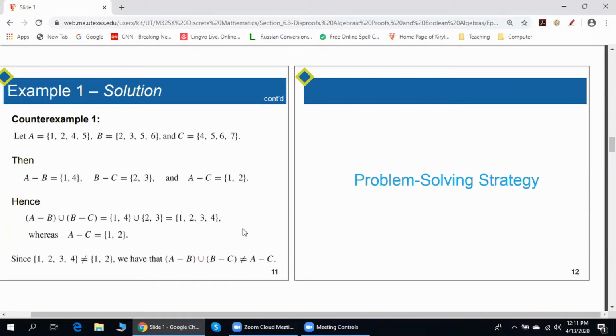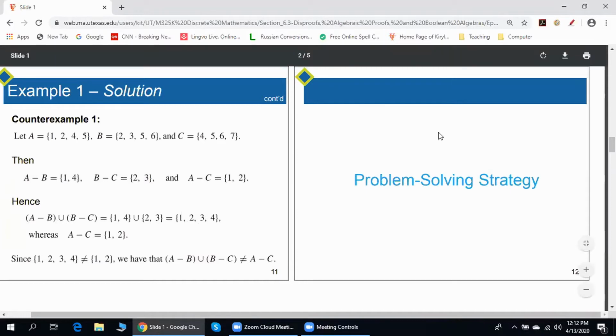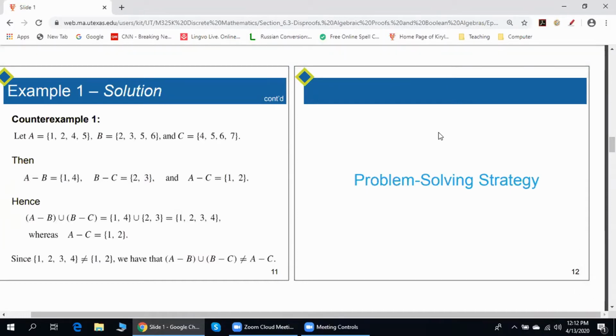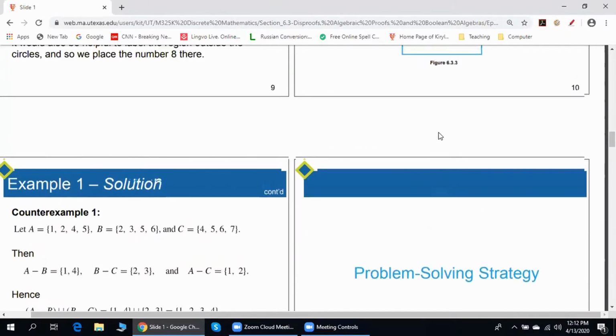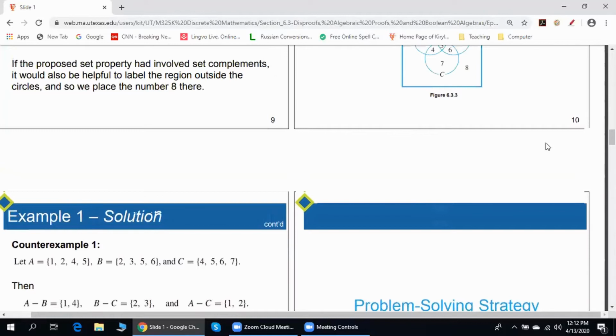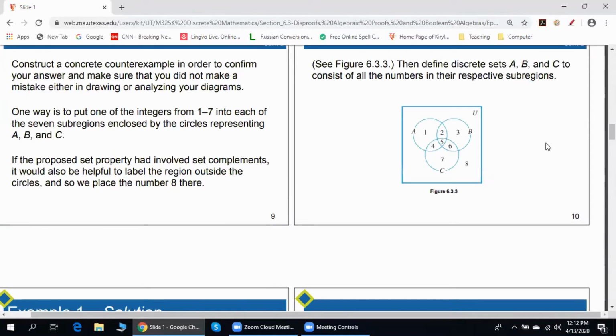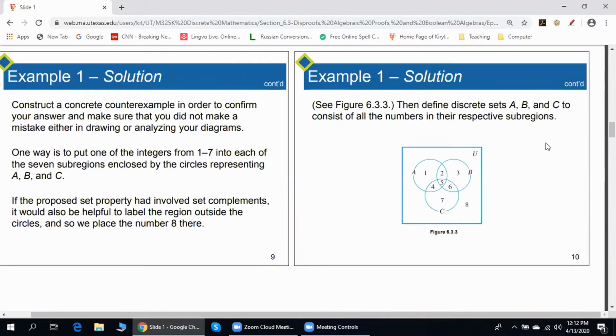Any questions here? Is there a situation where a Venn diagram drawing might not be the most convenient way to solve the problem? Well, in this course, the best way to come up with a counterexample is to draw Venn diagrams. Moreover, please take a look at how we draw Venn diagrams.